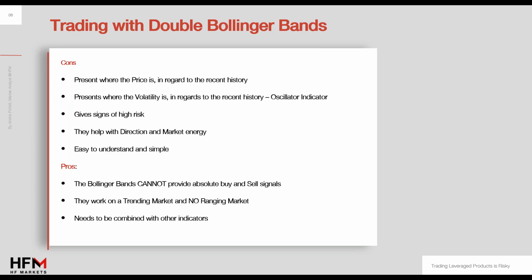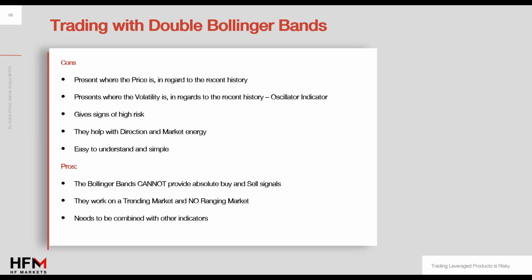It's an indicator, an oscillator, so it derives its results from the price. Like every single indicator, it takes the historical prices and presents where the price is based on the recent history. It presents volatility, again based on the history. That's why it's an oscillator.